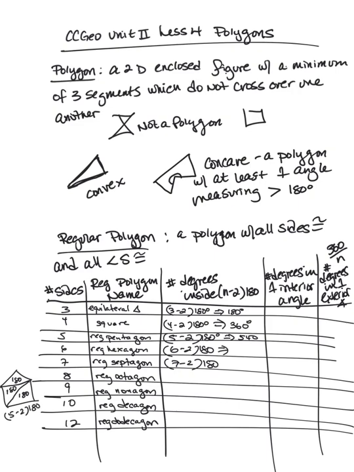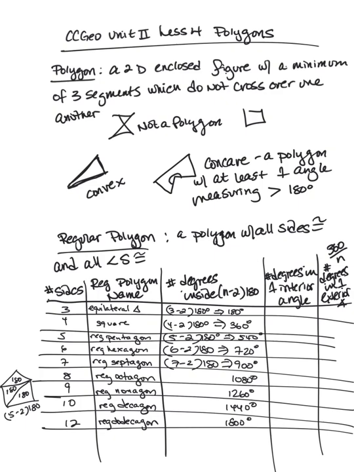Don't know if anyone ever showed you that at any point in time or not, okay? So this is 720 degrees, 900 degrees, okay, 1080 degrees, 1260 degrees, 1440 degrees, and 1800 degrees.